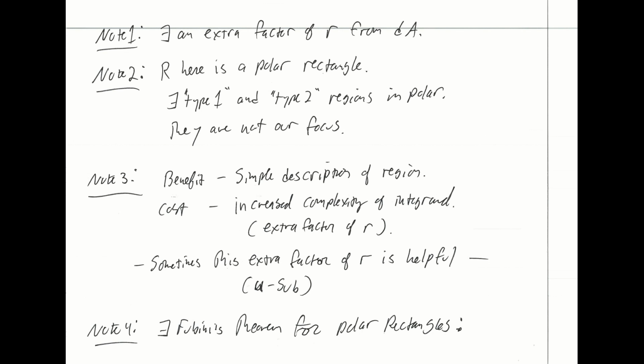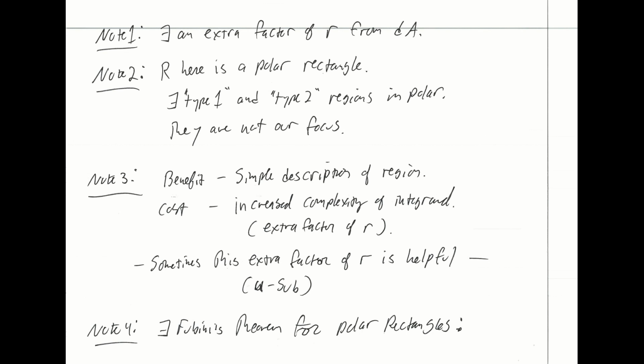That's the benefit. It simplifies the description of certain regions. The cost you pay for making this transition is the introduction of this extra factor of r into your integrand. So switching from Cartesian to polar can simplify the limits of integration, but increase the complexity of the integrand itself. And so there's a balance in that.